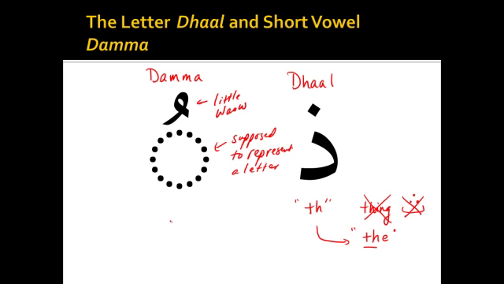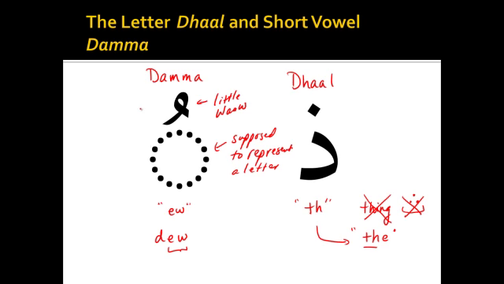And this has an oo sound, as in the word do. This is the sound that the Damma makes, oo. And it's half the length of the wow, which is ooh. So it's oo, as opposed to the long vowel wow, which is ooh.